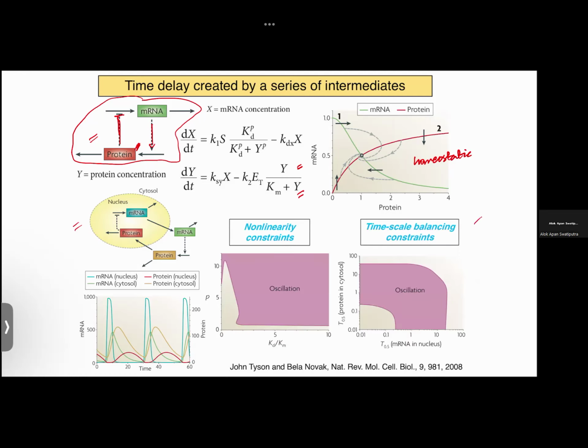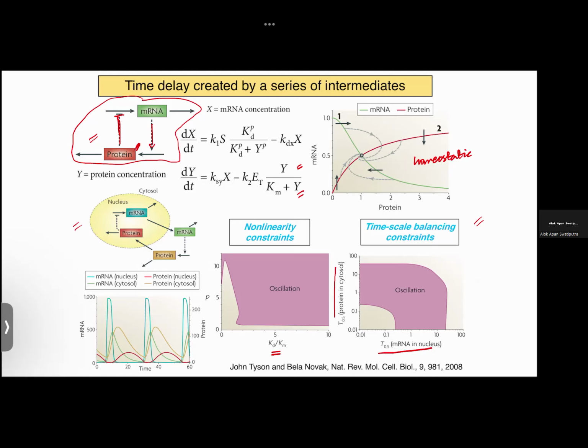And if you draw two parameter bifurcations for these systems as well, you see these regions when you have sufficiently high values of P and this KD by K, that will separate your oscillation versus your homeostatic domain. Similarly, you can also draw this parameter of half-life of your mRNA in the nucleus and half-life of your protein in the cytoplasm.